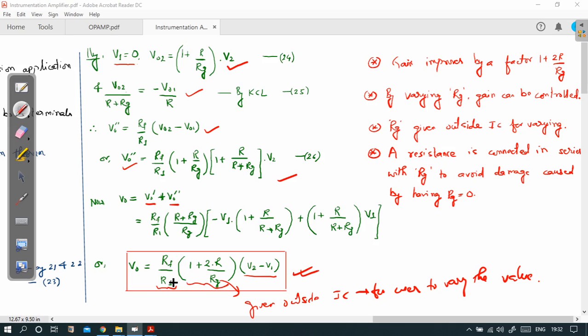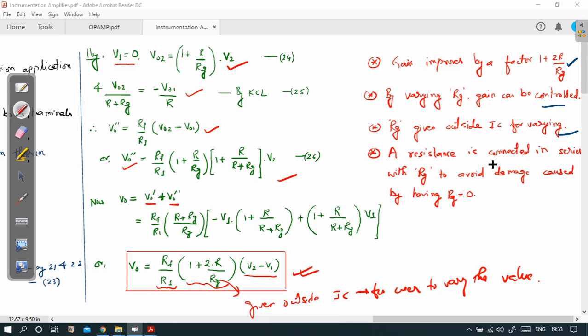But take care that you should not make RG 0, then it will become a problem. So the gain has improved by a factor of 1 plus 2R by RG, that's fine, and by varying RG the gain can be controlled, that's also okay. RG is given outside the IC for varying, fine.